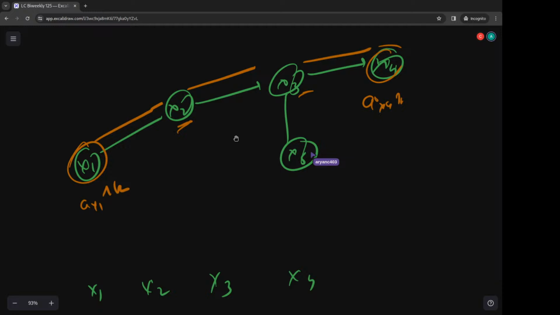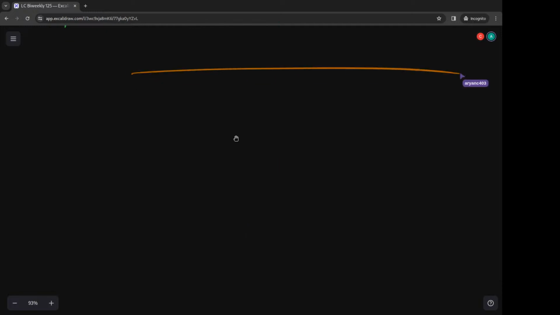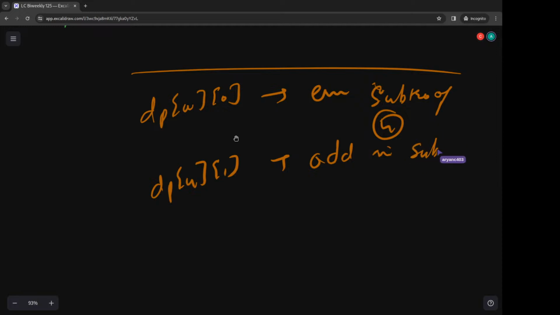Now if this is the case, then the DP state we can define is: dp u 0 is when the number of flipped nodes by k is even in the subtree of u, and the other would be dp u 1, where the number of nodes is odd in the subtree of u.